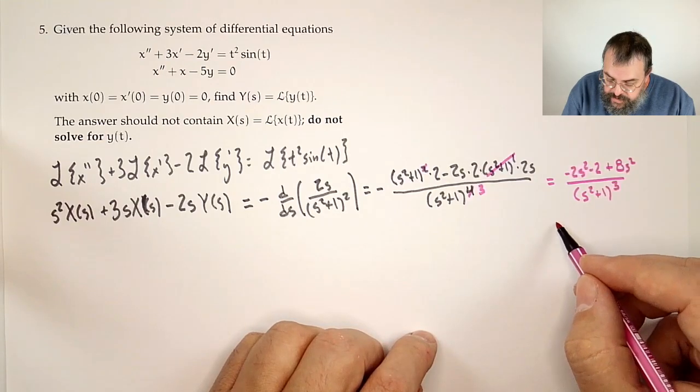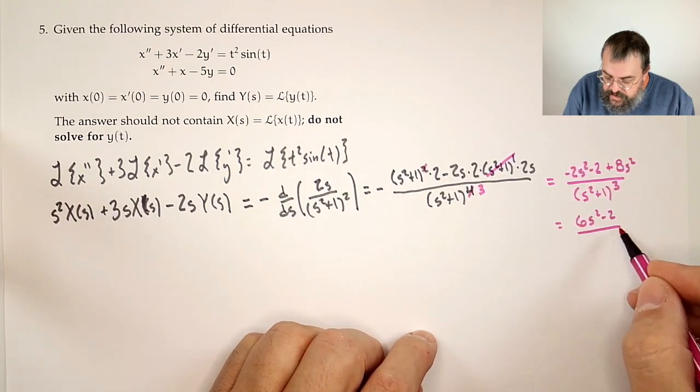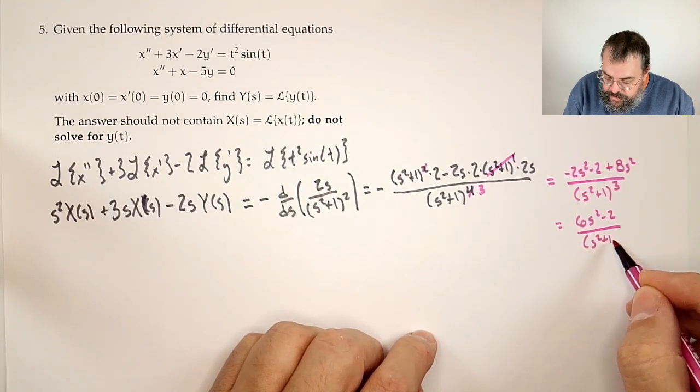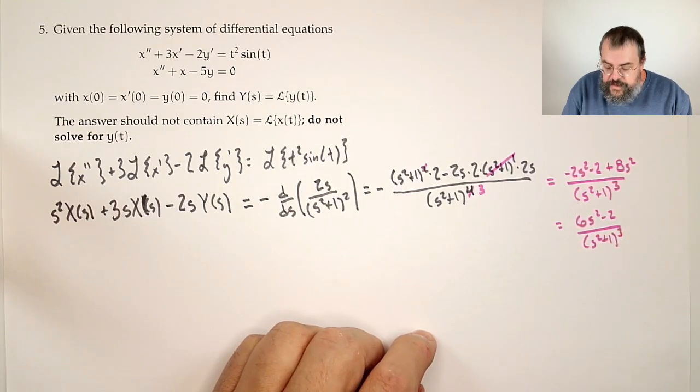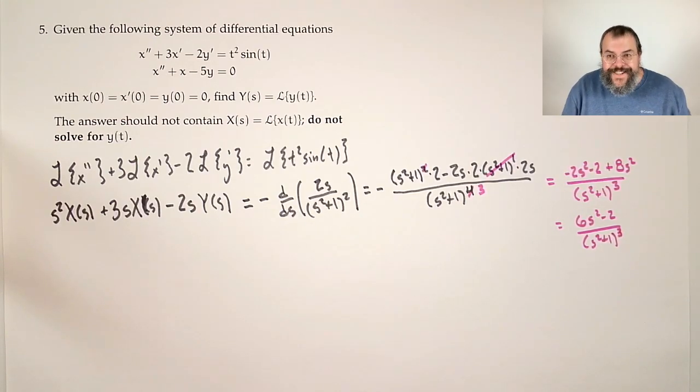Or, if you like, that would be 6s squared minus 2 divided by s squared plus 1 quantity cubed. Okay. Whew. Good. So that's the Laplace transform of t squared sine of t. Wow, that's nice. All right.